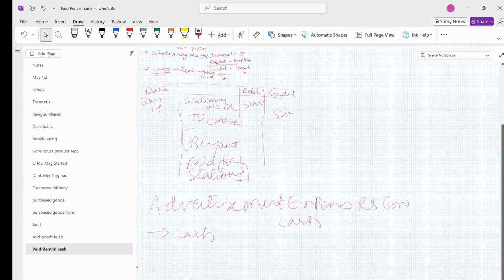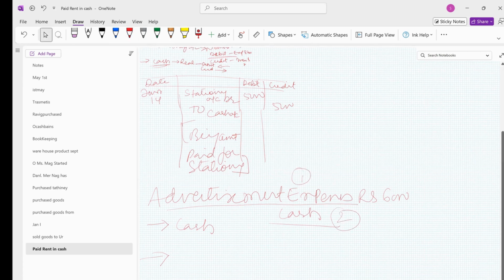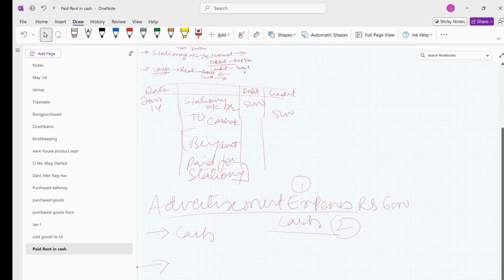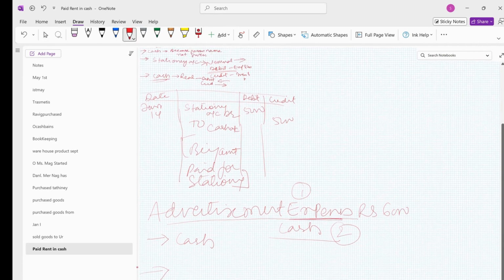Now next one. Two important items are advertisement expenses and cash. Advertisement is the first one, cash is the second one. Now here itself it is given that it is an expense. So advertisement belongs to which account? Nominal, because already they mentioned that it is an expense.